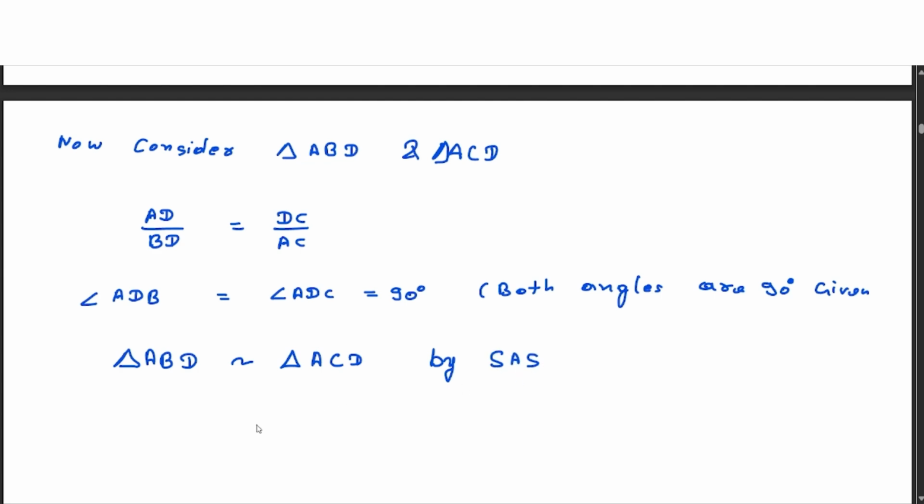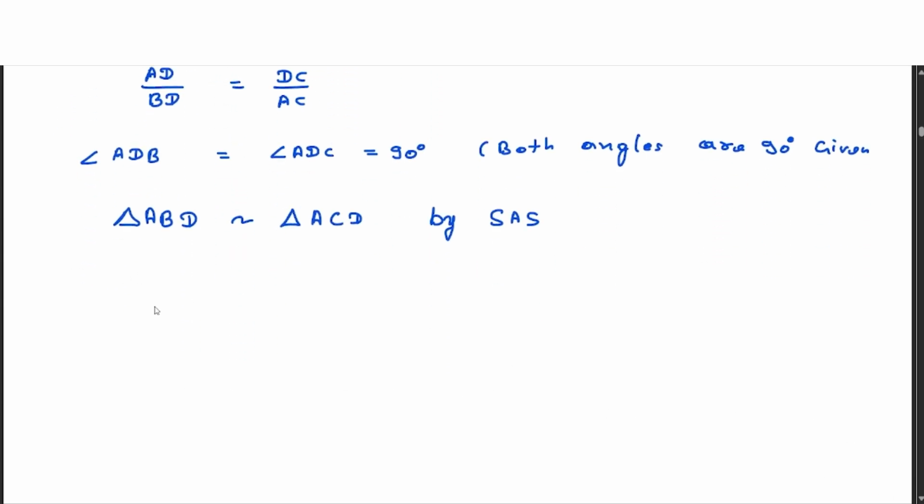By SAS. Now after that, we can draw this triangle. Suppose this is the triangle we have drawn, and sorry, don't mind my figure. This is a rough figure I'm drawing. So this is your triangle.